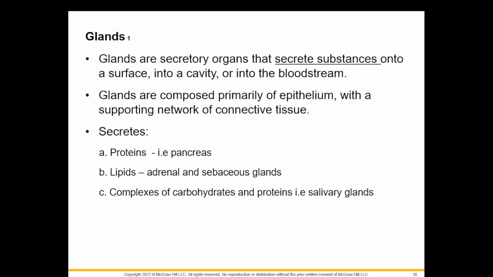The last part of this video, we will be discussing glands. As mentioned, glands are secretory organs, meaning they are capable of secreting substances to different parts of our body. We also said earlier that glands are made up of epithelial tissue. What substances are produced by glands?